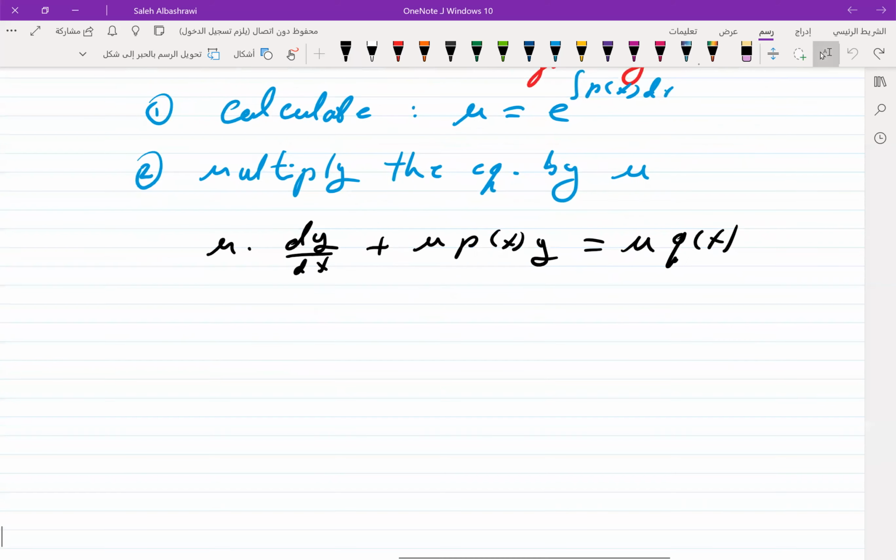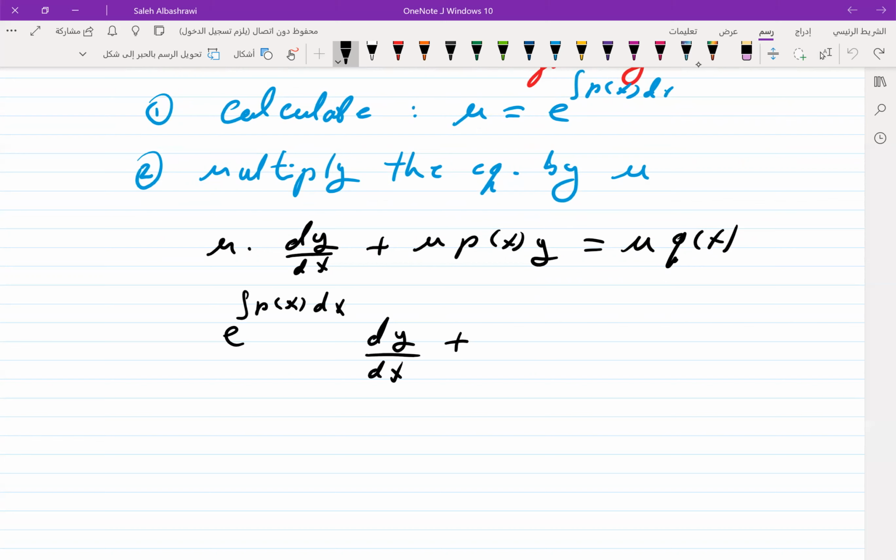Or it is e to the power of the integral of b(x) dx times dy/dx, plus e to the power of the integral of b(x) dx multiplied by b(x) y, equal to e to the power of the integral of b(x) dx multiplied by q(x).